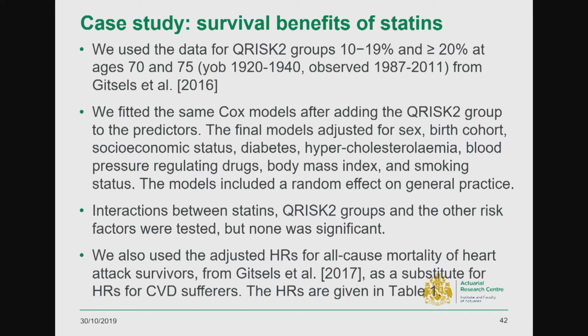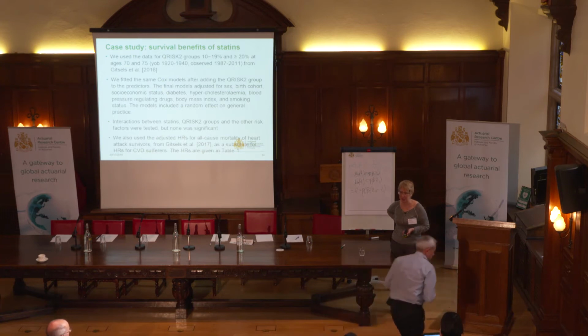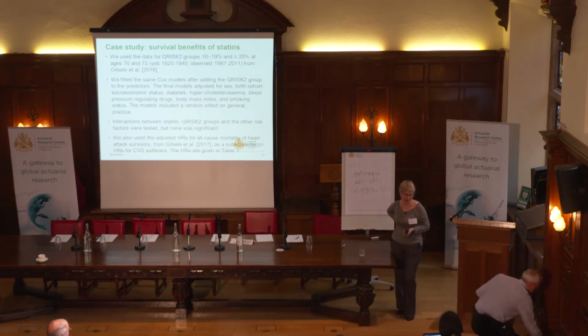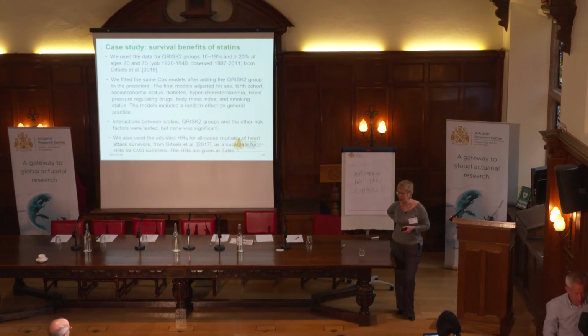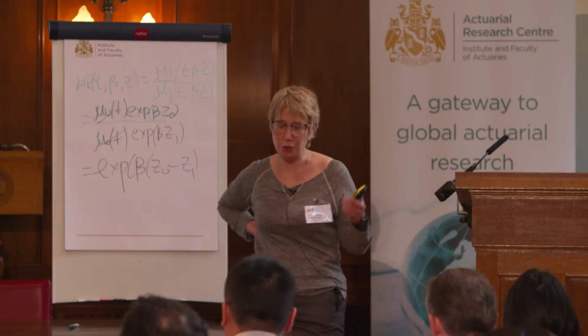Just for the audience, can you clarify what these numbers, the Q-risk? I was exactly going to do it, thank you, Andrew, yes. Q-risk is a standard methodology which is now used by the NHS to decide whether a person needs a statin prescription. And there is a web-based calculator which can calculate your Q-risk from various demographic and medical characteristics you can put in.